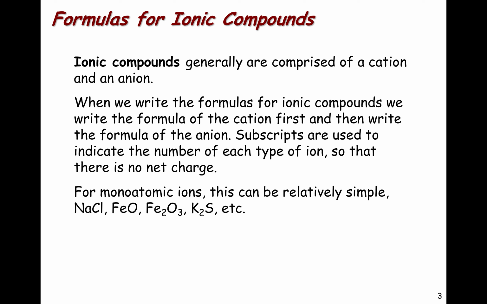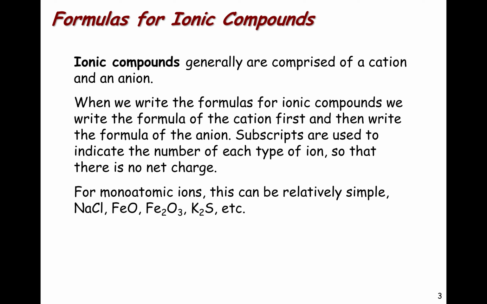Likewise, we could have something like iron 2 oxide, shown here, FeO. The ratio of iron to oxygen is 1:1. There is no subscript written. It's implied that there is a subscript of 1 just to the right of the iron and the oxygen.